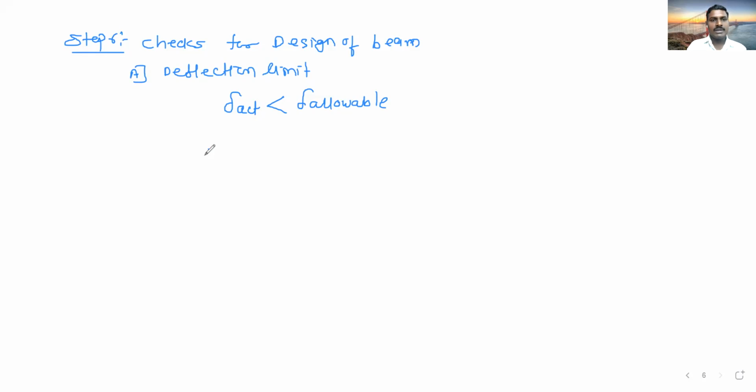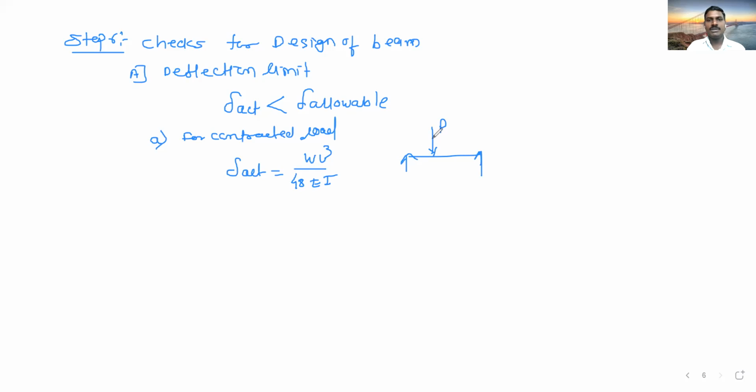So delta actual we have to calculate now. For a concentrated load, delta actual is equal to W L cube upon 48 E I, for this particular type of loading. This is W, and this is L by 2, L by 2. So this is the actual deflection, delta actual.